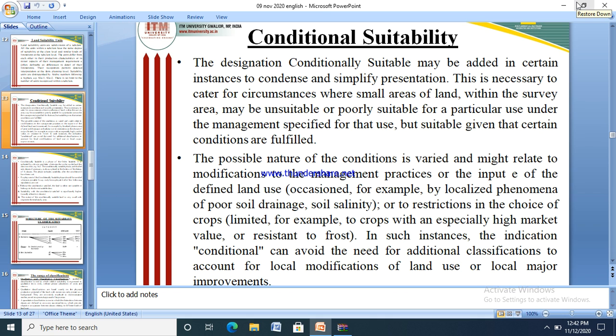This occurs, for example, with localized phenomena of poor soil drainage, soil salinity, and restriction in the choice of crop, for example, to crops with especially high market value or resistant to frost. Otherwise the conditional can be avoided, needing no additional classification.